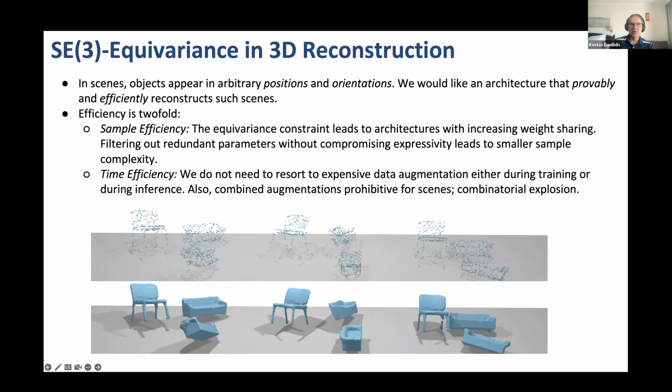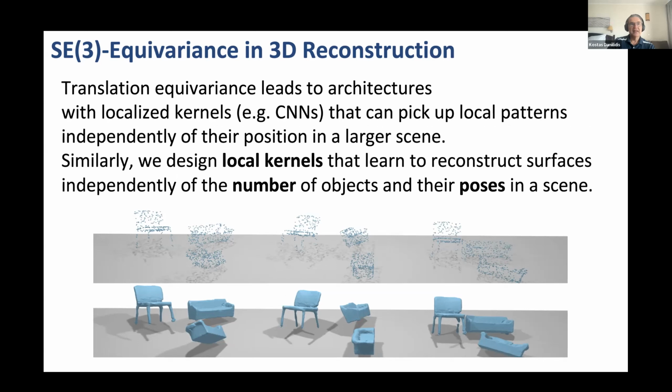And we also want this to be an approach which is sample efficient, which means avoiding MLPs, using local neighborhoods and weight sharing, so that we have much fewer parameters, and also we need a much lower number of samples. So we lower the sample complexity. To summarize, we design local kernels that learn to reconstruct surfaces. And in the case of the scenes, this is independent of the number of objects and the relative poses in the scene.